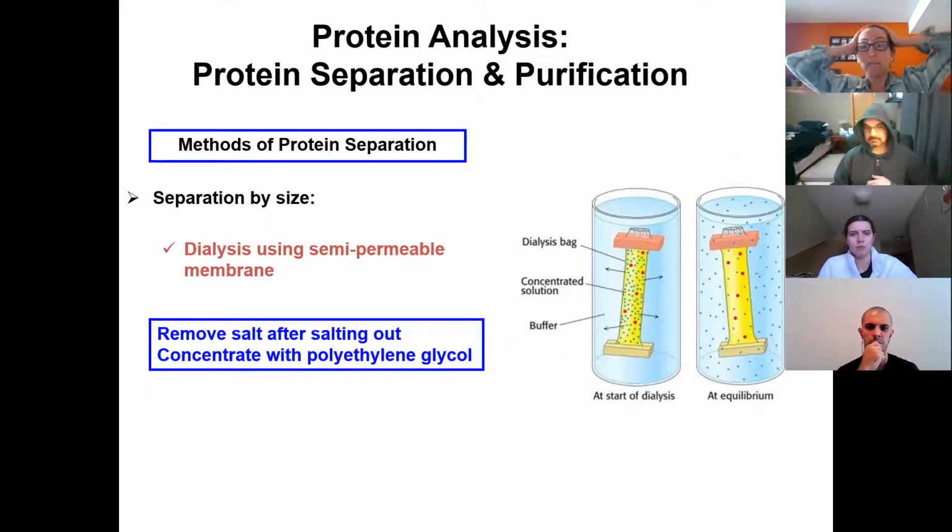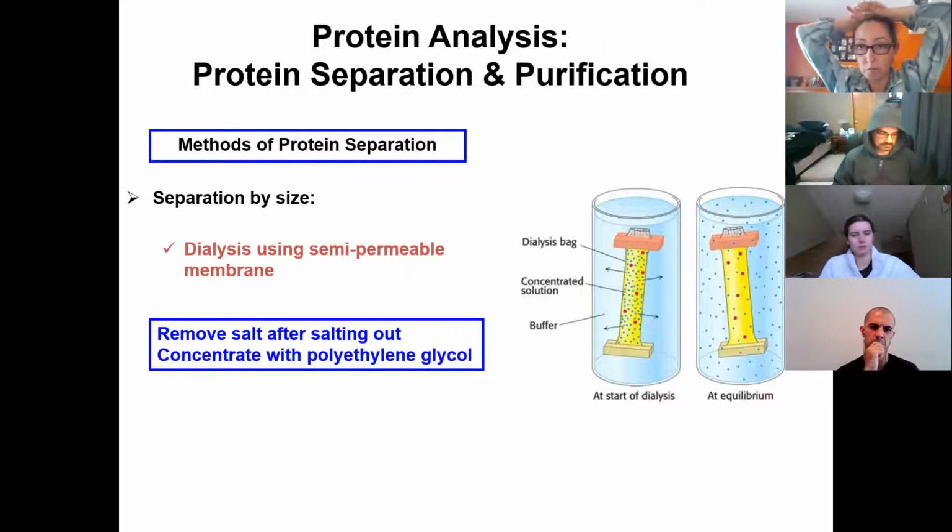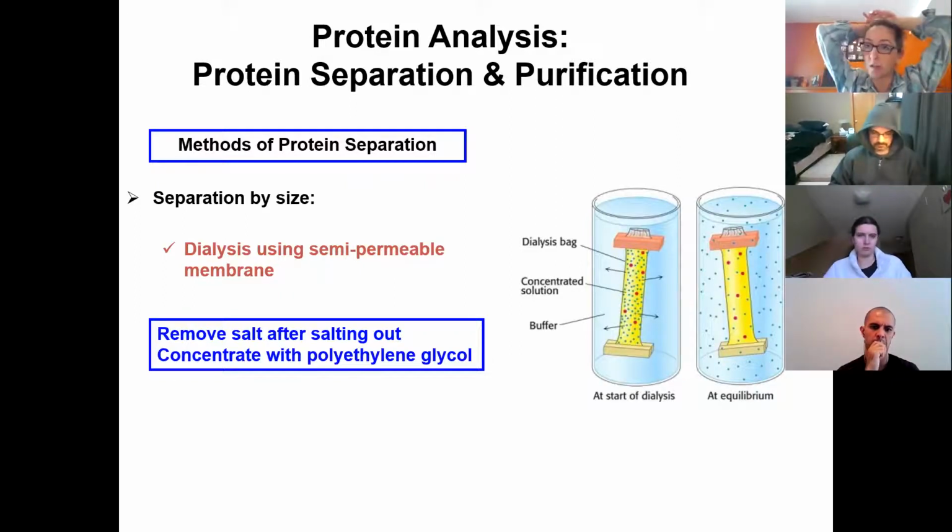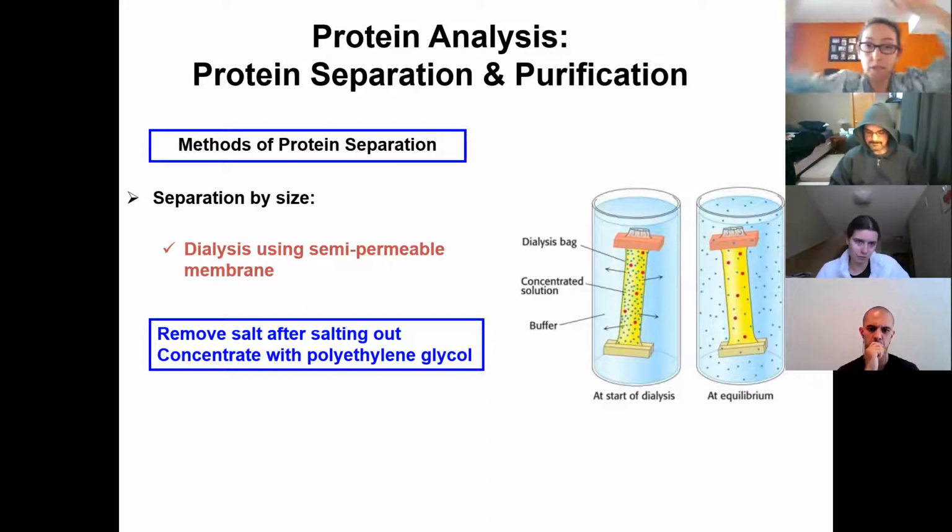All right, so last time we talked about separation of the protein using pH and salt and different adsorption characteristics. Now I'm going to talk about separation or purification of the protein based on size.